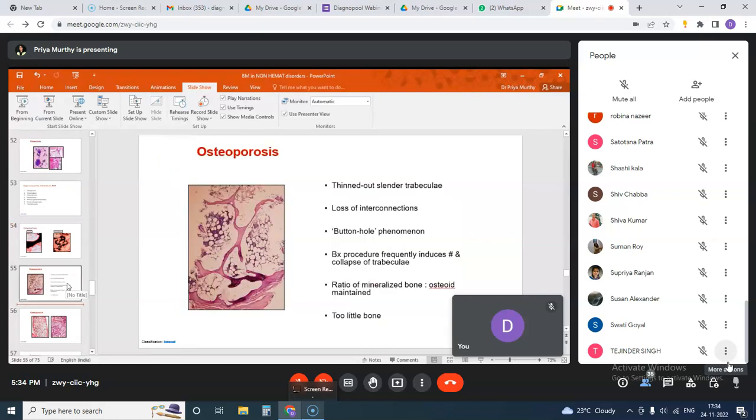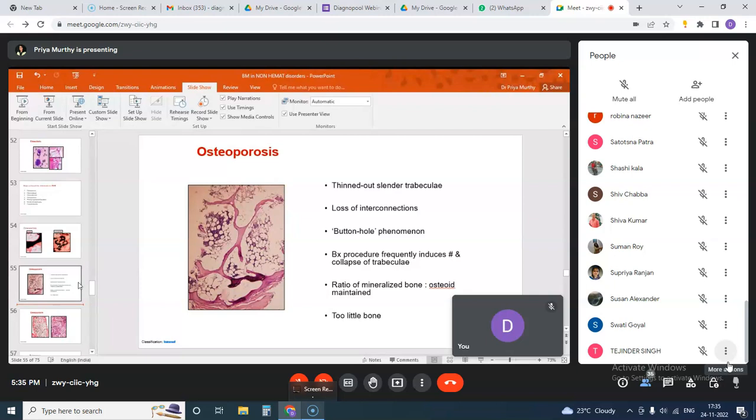Now, osteoporosis. For detection of osteoporosis, it is generally recommended to study the transcortical iliac crest X-rays, but that happens in a later stage of the disease. Osteoporosis can be detected in bone marrow biopsies when they come in for other conditions.